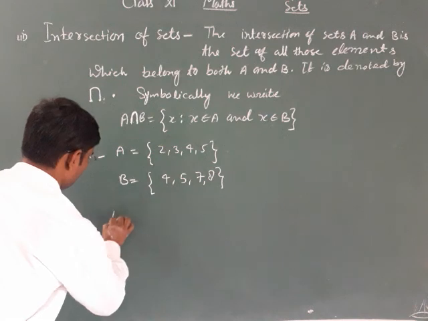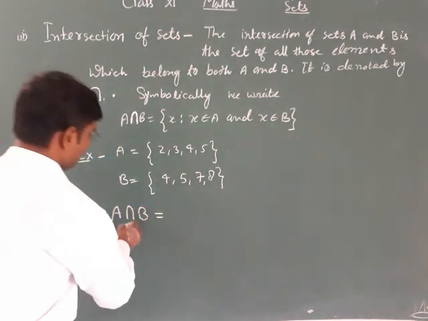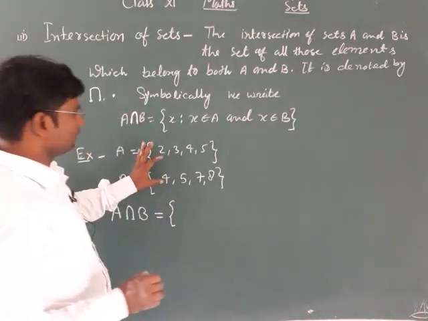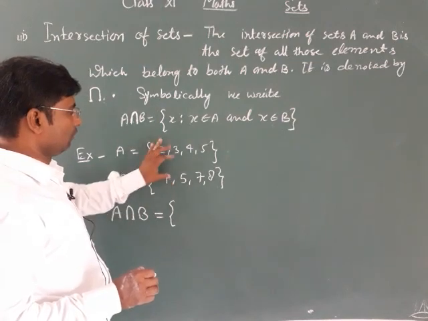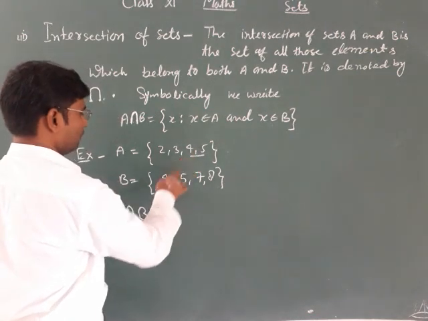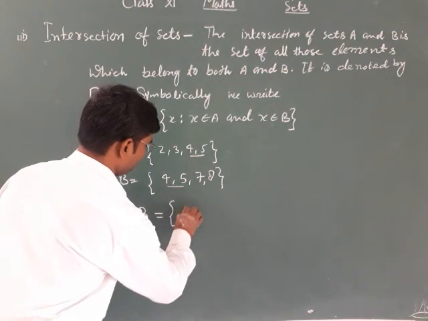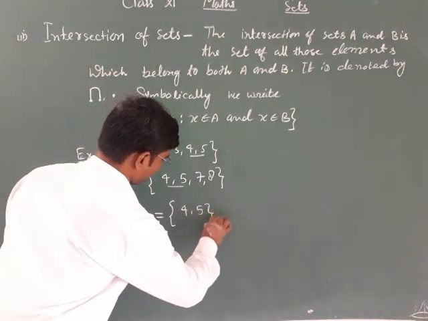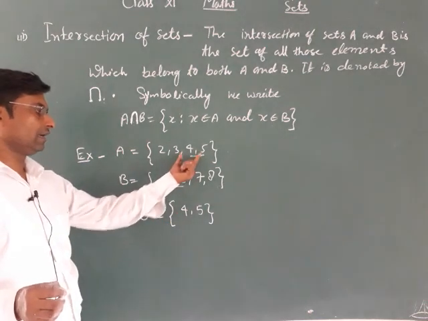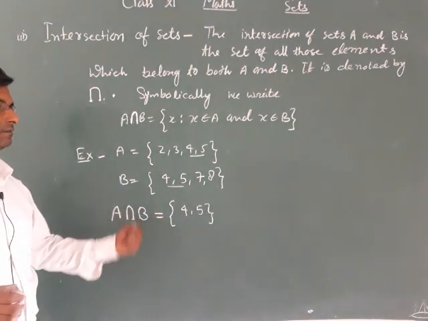Then A intersection B is the common elements, taken only once. Both 4 and 5 are common elements. So A intersection B is 4 and 5.